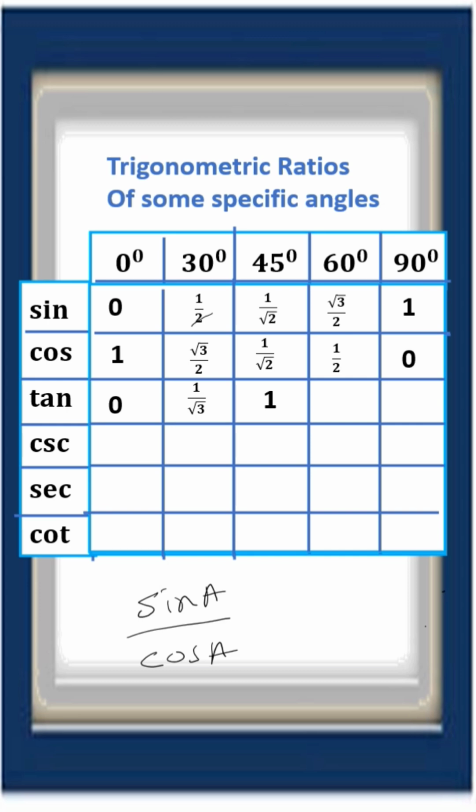Root 3 by 2 divided by 1 by 2 is root 3. 1 by 0 is not defined.